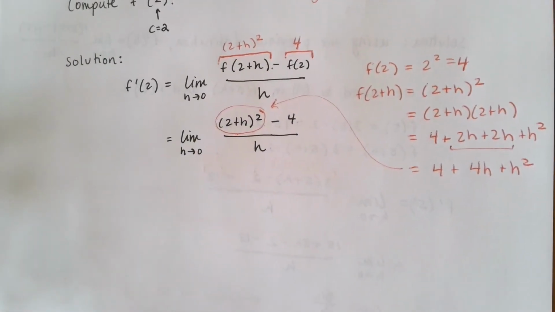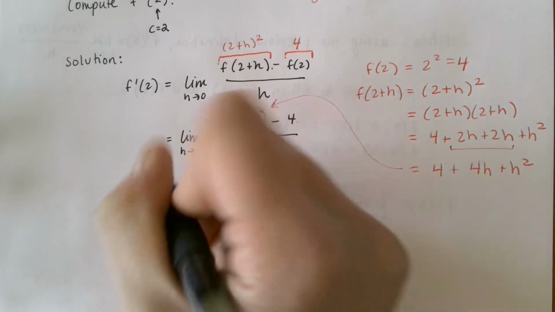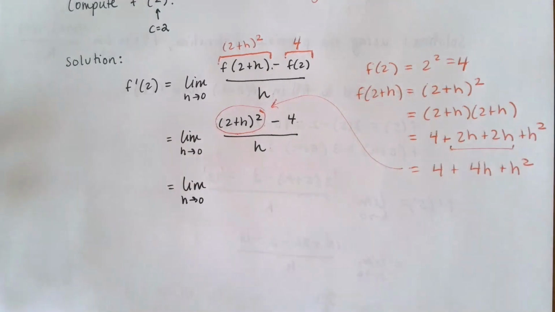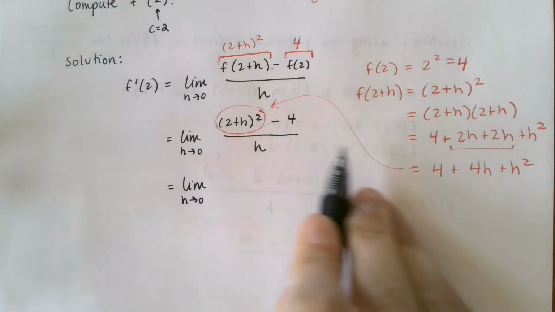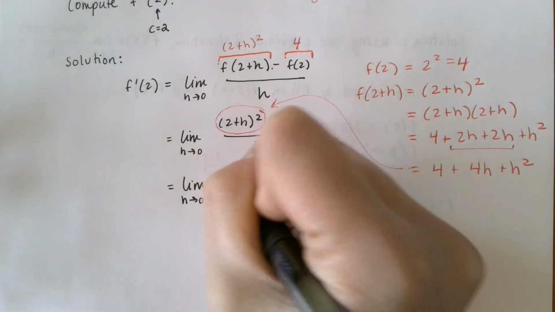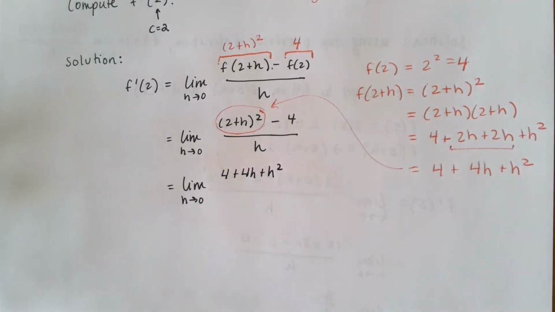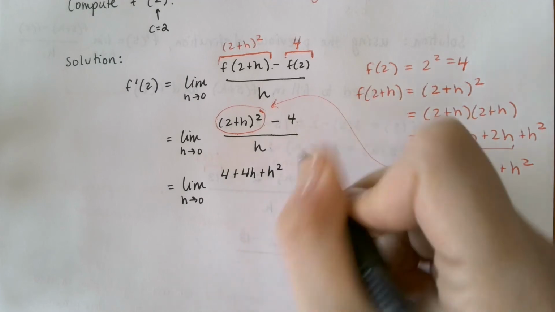All right, and we'll see what we have. So I'll continue carrying down that limit as h approaches 0. 2 plus h squared is now 4 plus 4h plus h squared. And then this minus 4 is going to come right down.